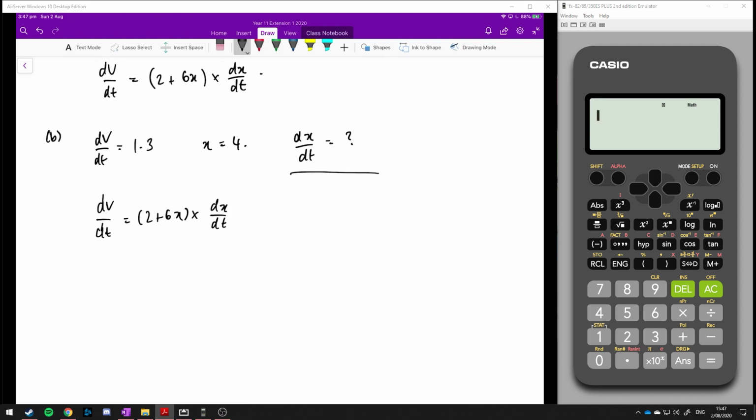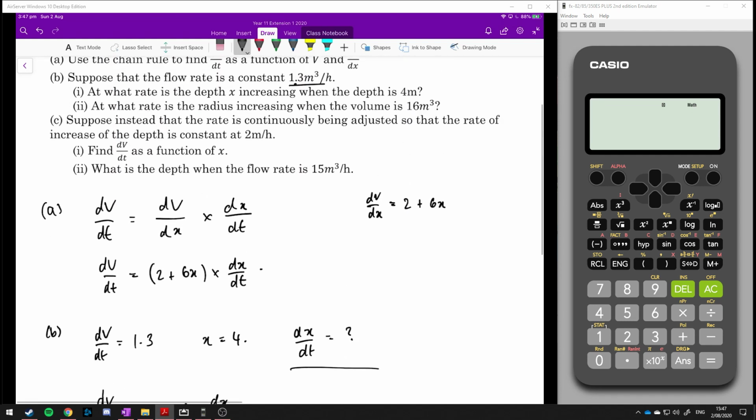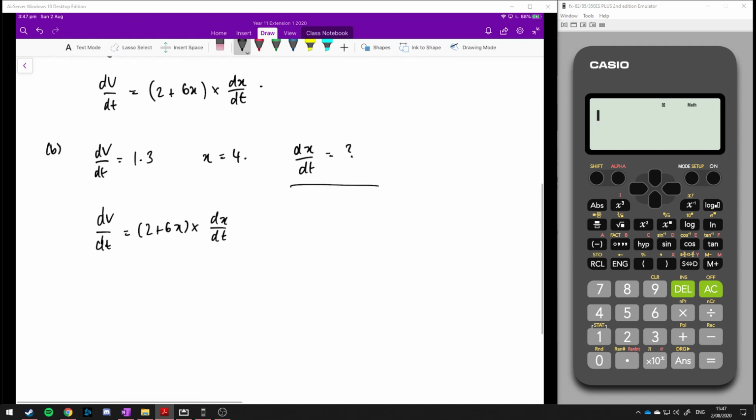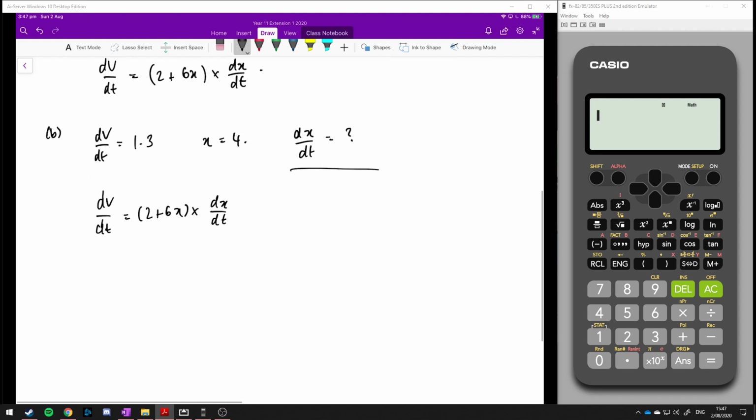This will find us our rate, and we do want the rate because it says in the question at what rate. So substituting this value in, for dV/dt, put x is equal to 4. So it should be 2 plus 6 lots of 4.